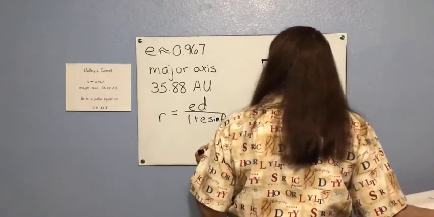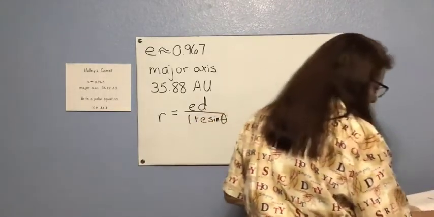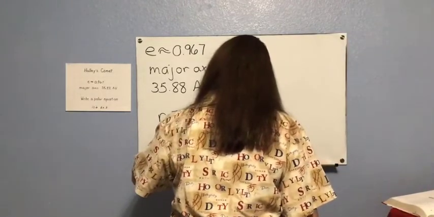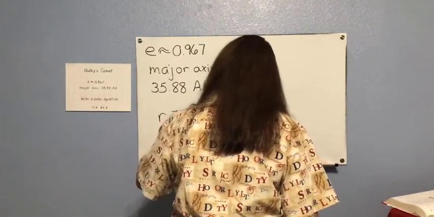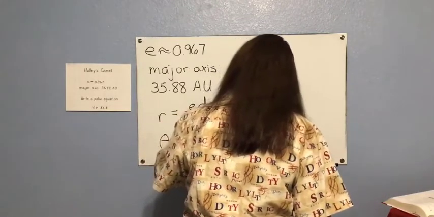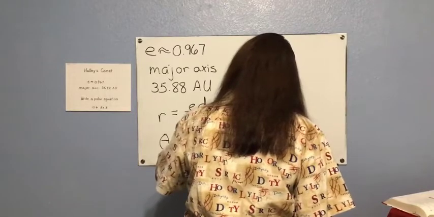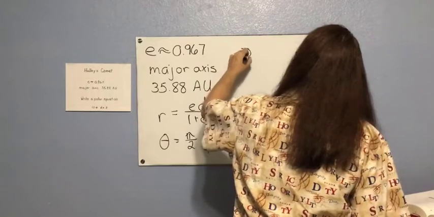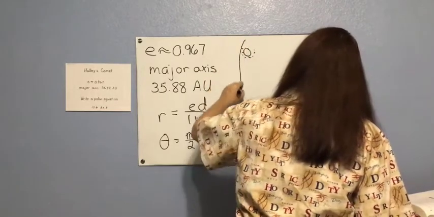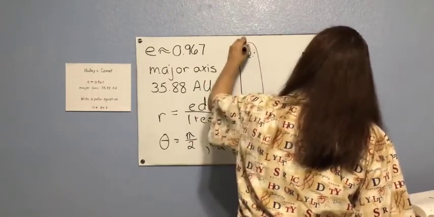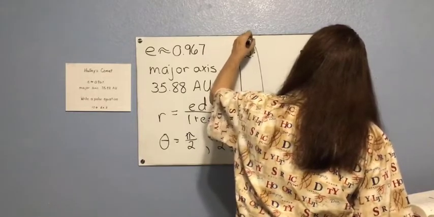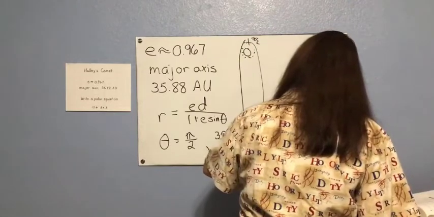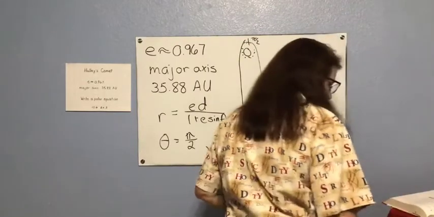In this case, the vertices of the ellipse would be when theta equals pi over 2 and theta equals 3 pi over 2. So let's say here's the sun, and we've got this long skinny ellipse, and here's pi over 2, and down here's 3 pi over 2.